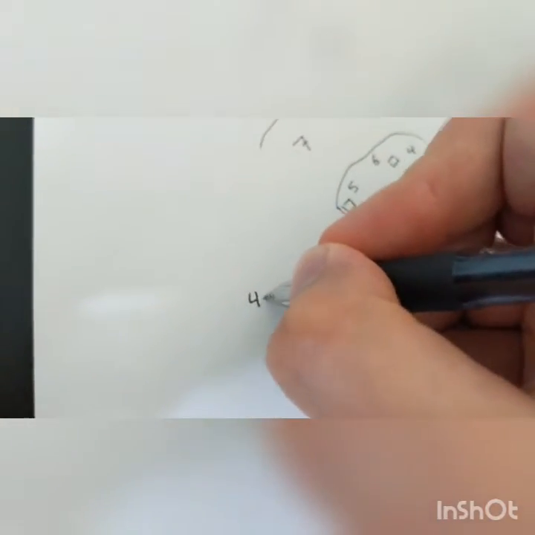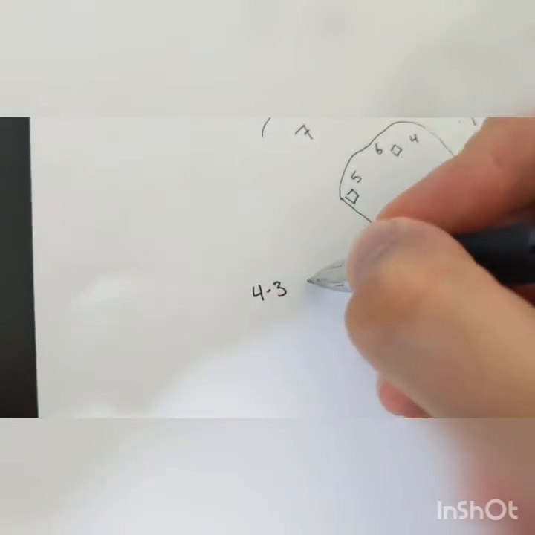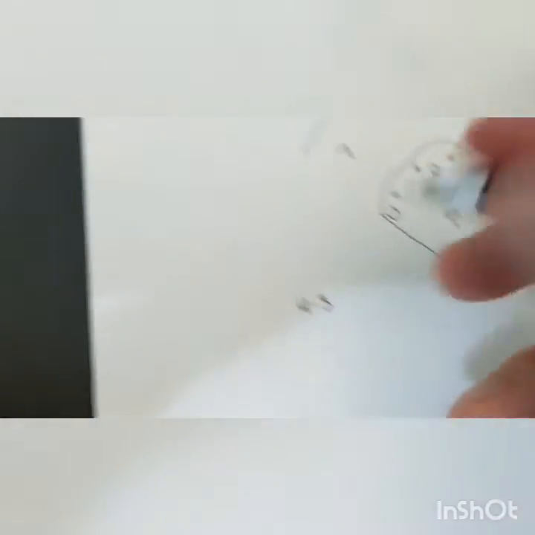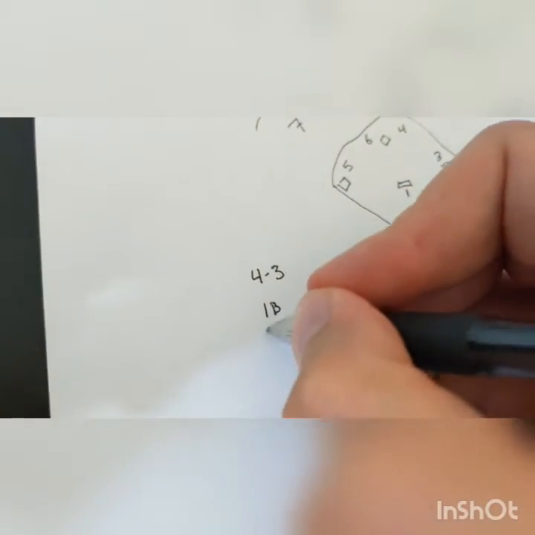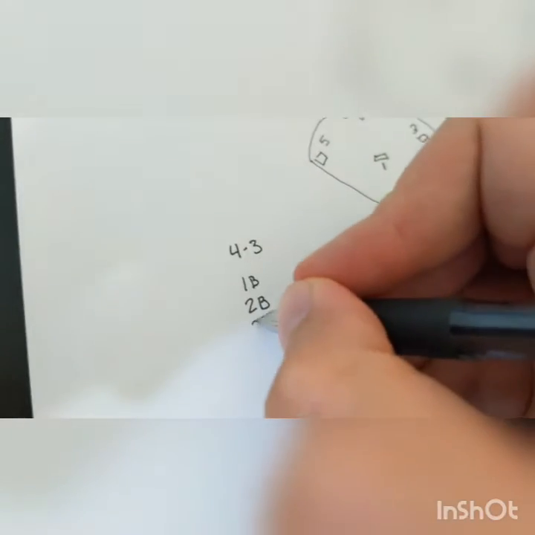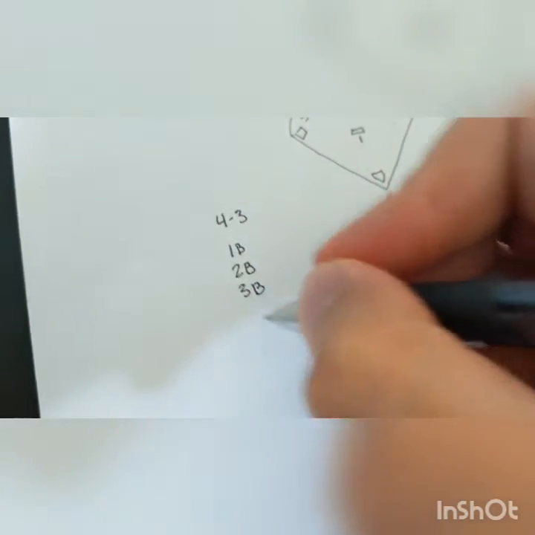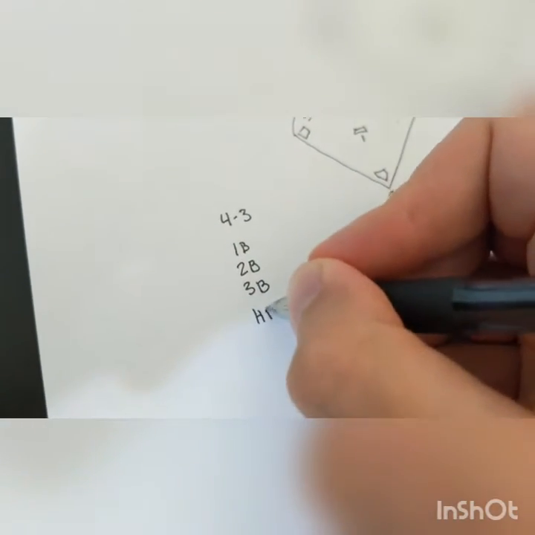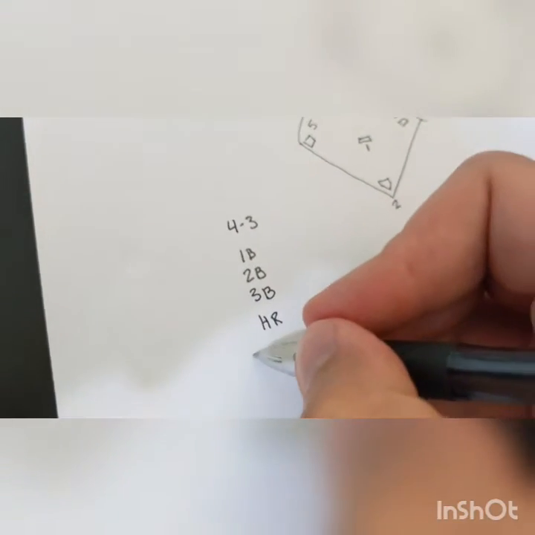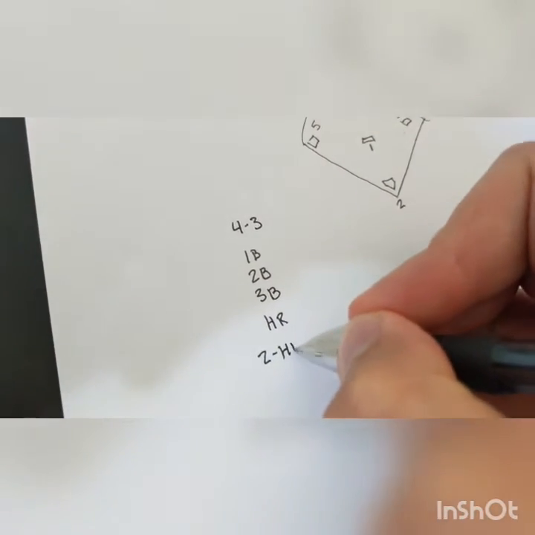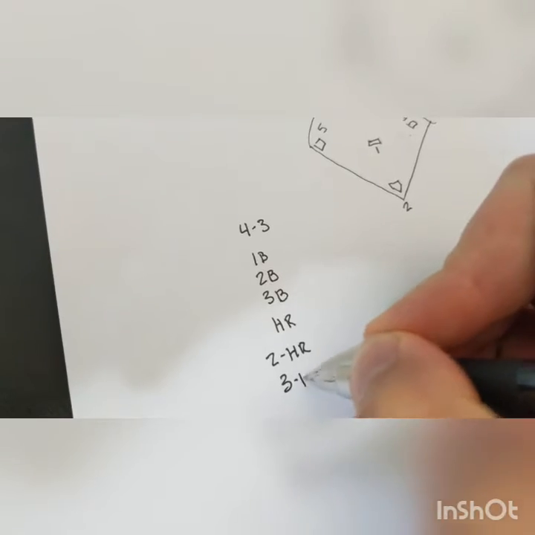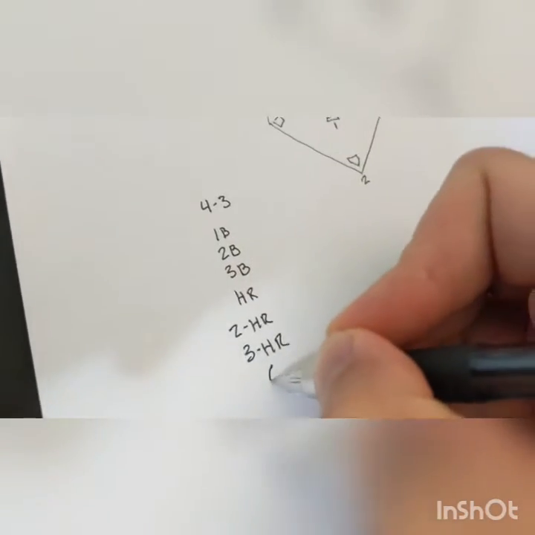If it's a 4-3, it's a hit to the second baseman and then to the first baseman to get the out. And then you have the single, a double, a triple, a home run, and if you want, you can get specific: 2-run home run, 3-run home run, and a grand slam.